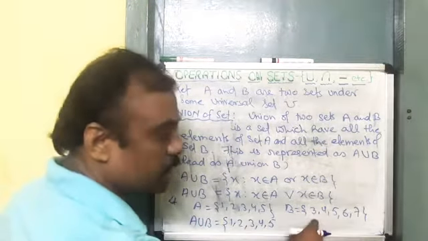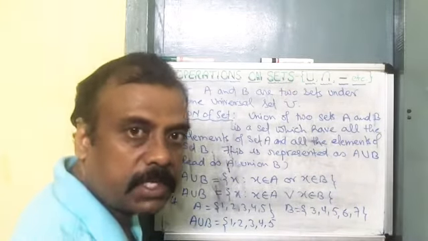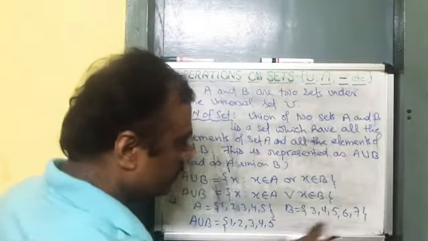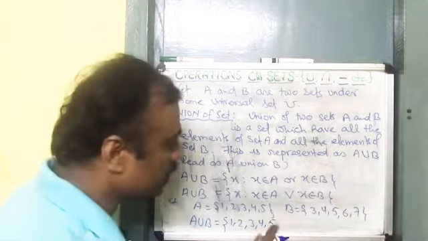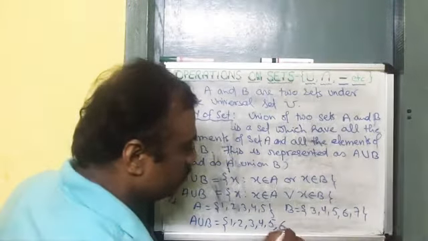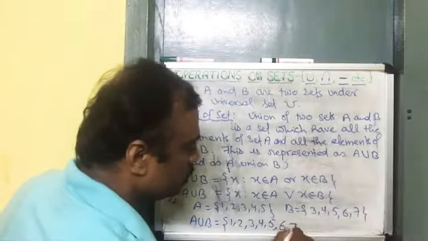Then let us write the elements of set B: 3, 4, 5. Since 3, 4, 5 we have already written, we are not going to write them again. Then we are left with 6 and 7. So A union B will be given by this.